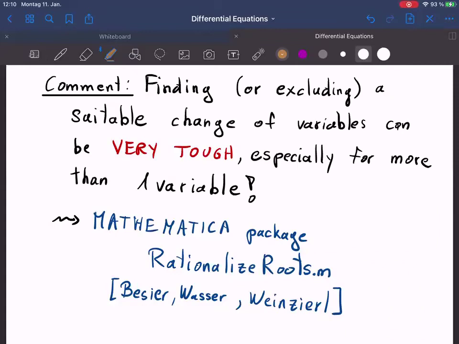If you have more than one variable, things are very tough. There are still some methods implemented in this Mathematica code, but then it gets tough. For now, the take-home message is that if you have a square root, you should check if you can rationalize it. Because if you can rationalize it, then you know how to evaluate integrals in terms of polylogs.